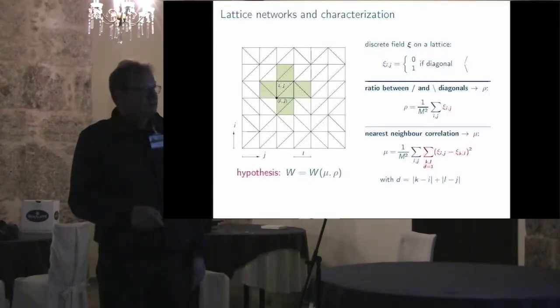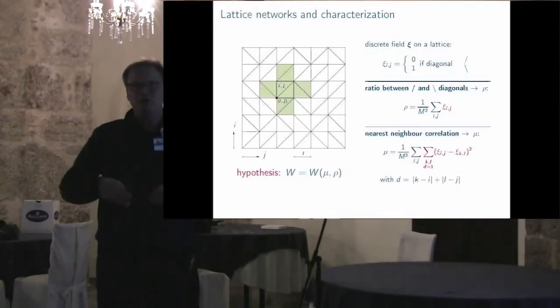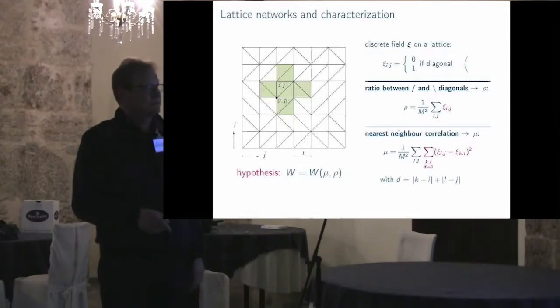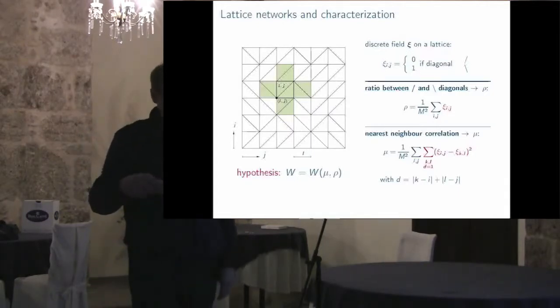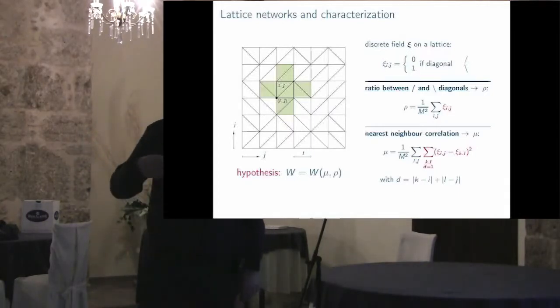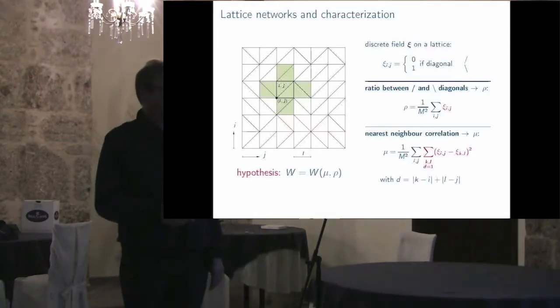Another characteristic can be thought of as a short-range two-point correlation regarding this discrete field, and it gives us a measure regarding regularity or order, if you like, in this configuration.